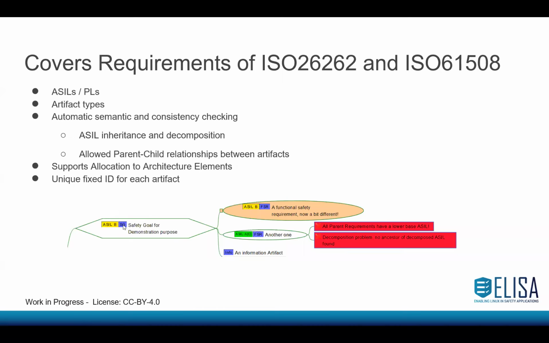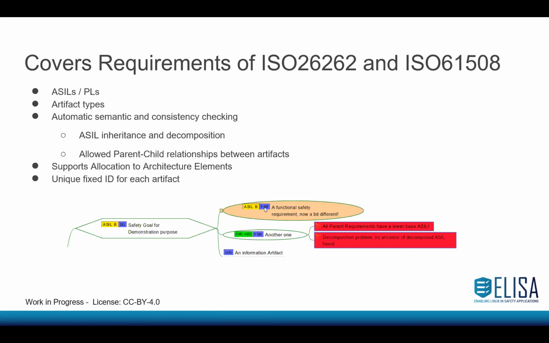You see this hexagonal one is a safety goal. It is also indicated by this little symbol here. What it is, and the safety integrity level, ASIL B, is directly visualized as well. It's very important. Everything, or at least almost everything in these nodes is shown in a visual fashion.